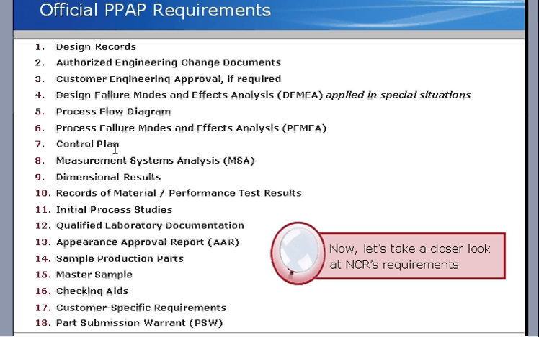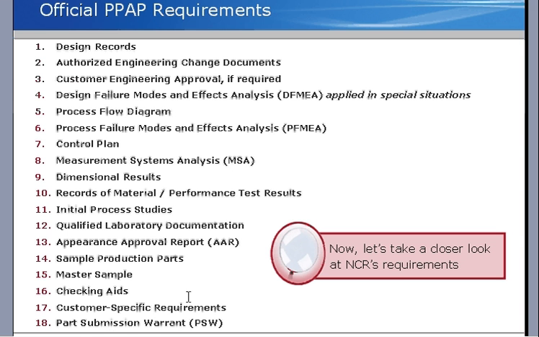Then the control plan and measurement system analysis, dimension results, a record of material and performance test results, initial process studies, qualified lab documentation, appearance approval report, sample production parts, master sample, checking aids, customer-specific requirements, and the part submission warrant.